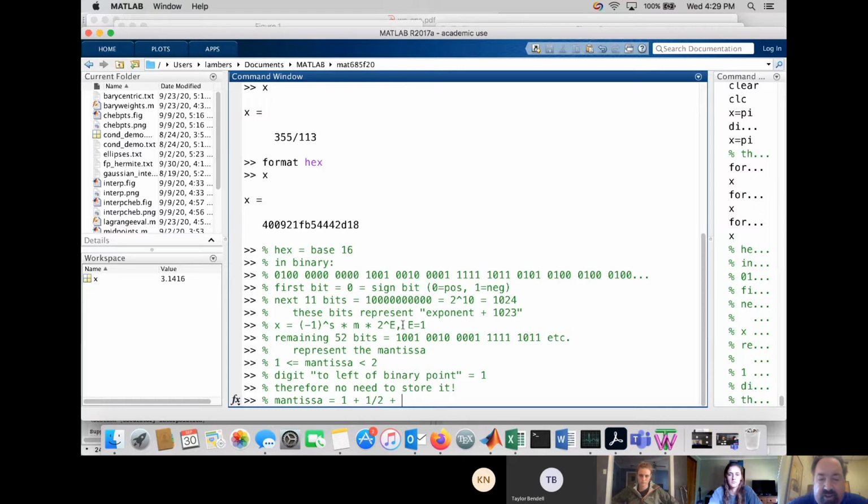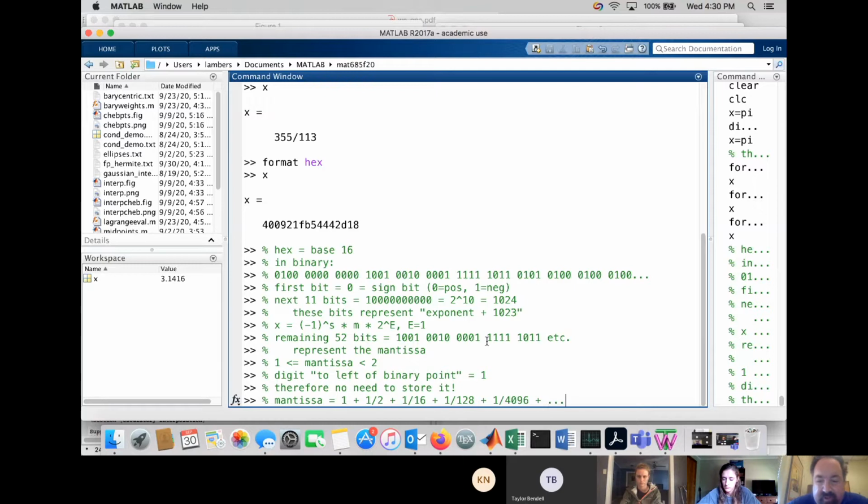Then the next digit, so this is 1/2, 1/4, 1/8, 1/16, 32, 64, 128, and then 256, 512, 1024, 2048, 4096.